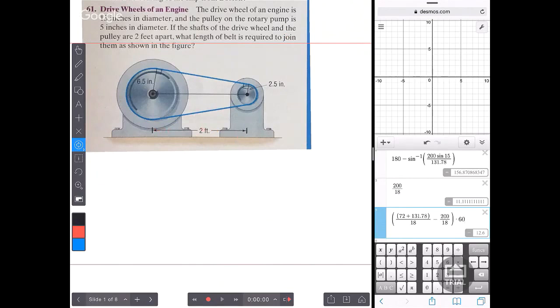What length of belt is required to join them as shown in the picture? Great problem. Love it. So we got side length that we know is 2. This distance we don't know, but we can see it's the same as this distance. And then we need this and this.